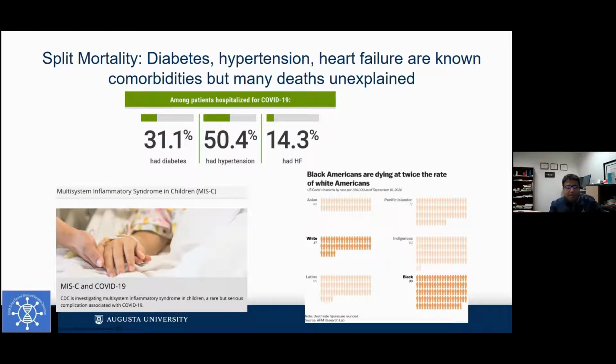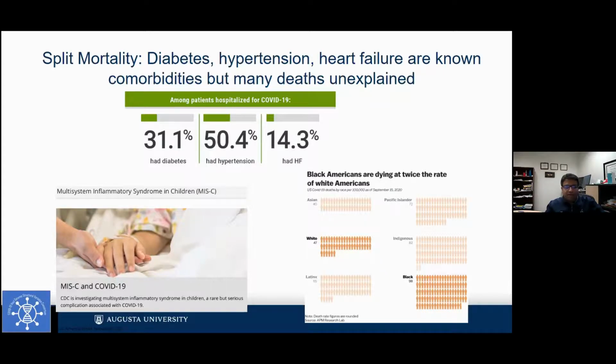But again, even if you look at race, gender, age, or comorbidities, it's becoming challenging to explain all of these mortalities. We have a younger population, less than 30 years old, without any comorbidities, dying, in comparison to the older population with the comorbidities.